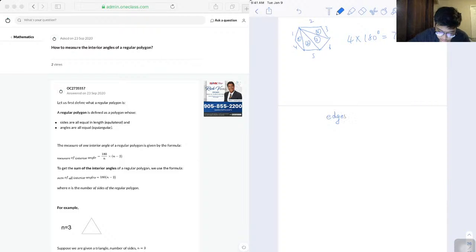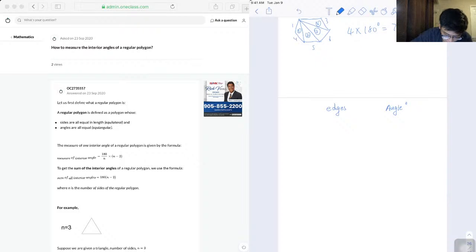So sides, angle. If we've got a square, which means it has 4 sides, we will have an angle sum of 2 times 180, which is 360.